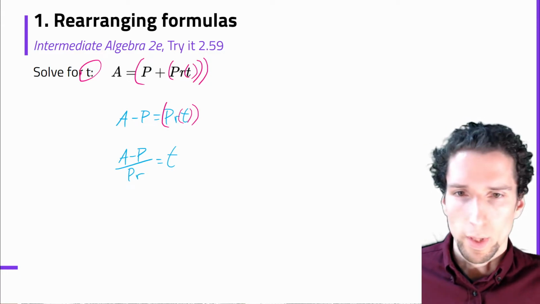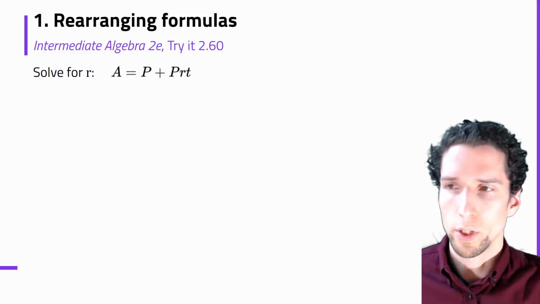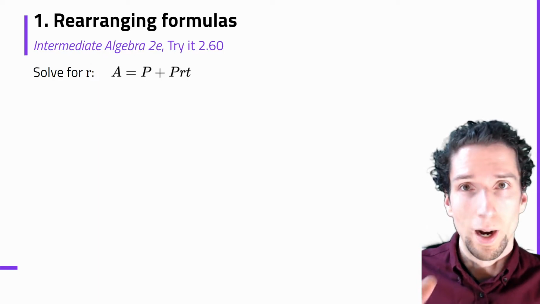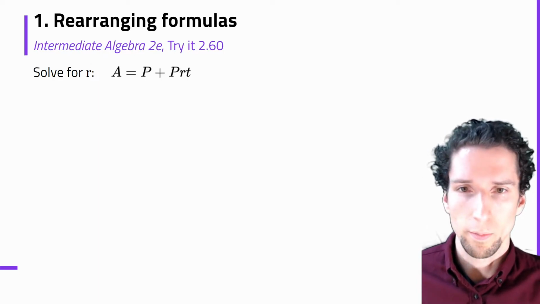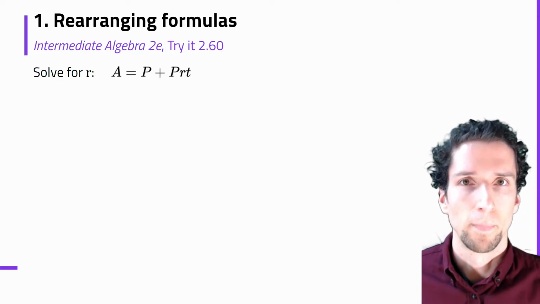Okay, so that's my practice. My turn and your turn with this one, solving for r. So it's the same formula here, but solving for a different thing. Go ahead.